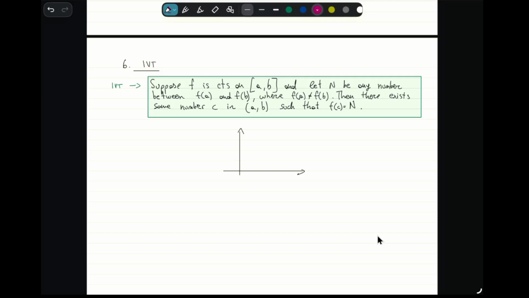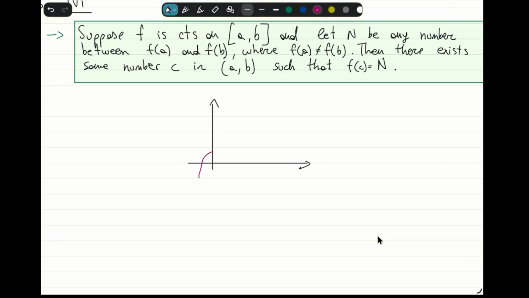Let's say we have this function which could go anything. Let me try to do this pretty smoothly. Okay, so let's say this function is continuous and we have some a. This will be my a, and we have some point b, and this will be my b.